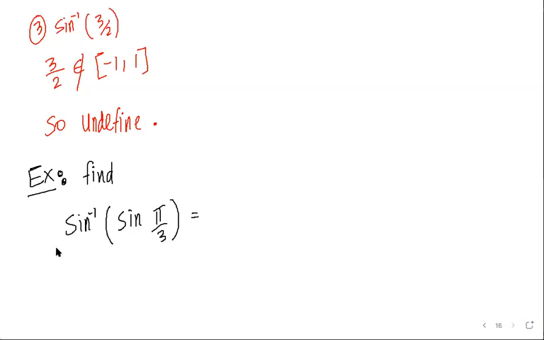Okay, I'm going to do this one. Don't the sine inverse and sine just cancel each other? Yes, this is true, but you have to check first. You have to do it step by step because sometimes it doesn't work. First of all, check: does π/3 belong to the interval -π/2 and π/2? How do I know this?